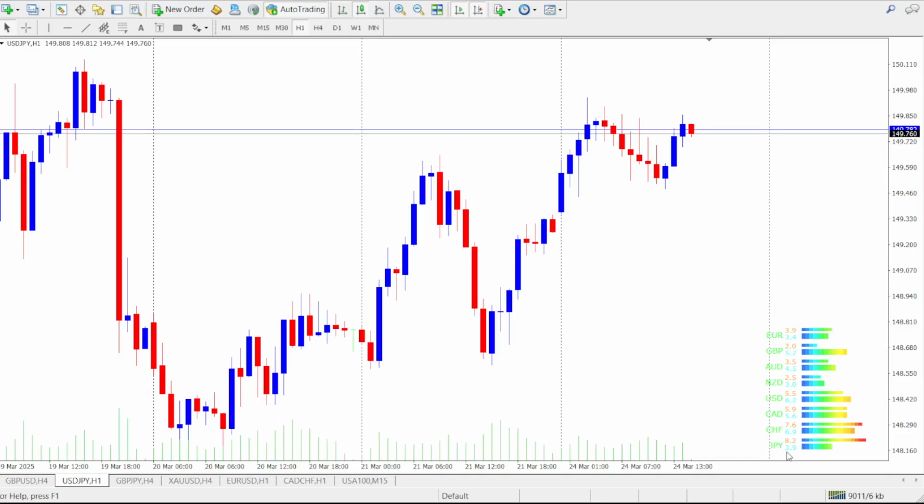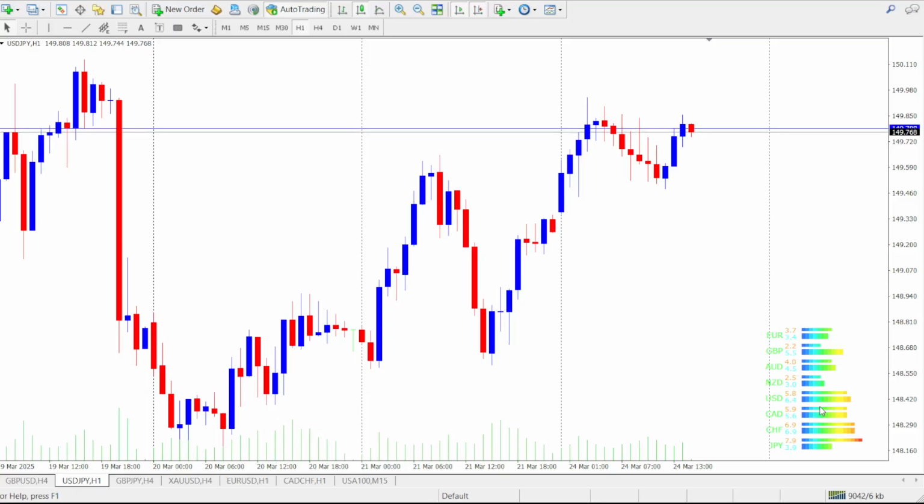All right, so instead of manually analyzing economic factors like interest rates, GDP, or news, this indicator calculates the real-time strength of each currency and displays it using these histograms that are here.